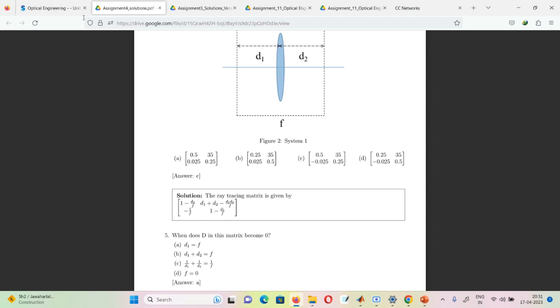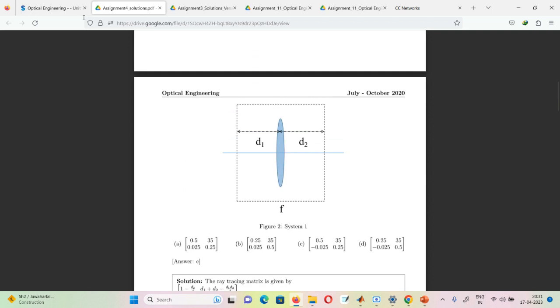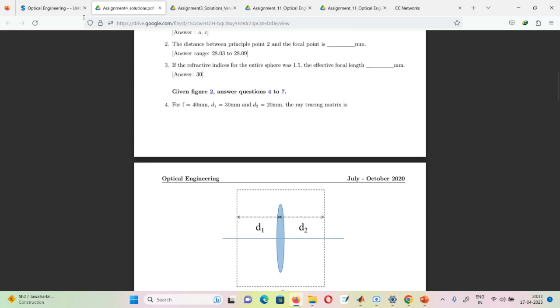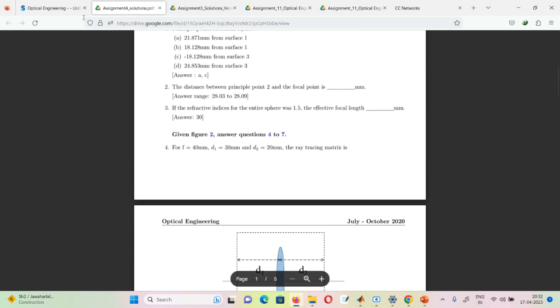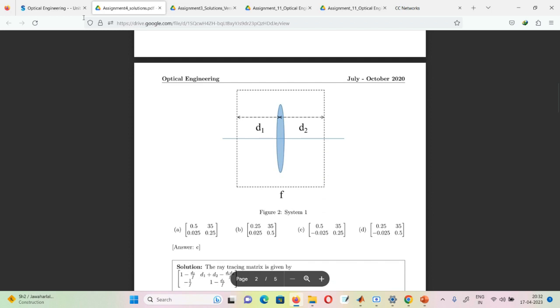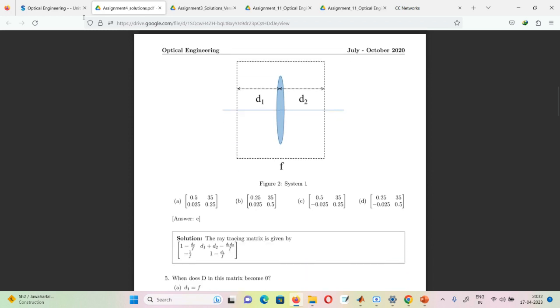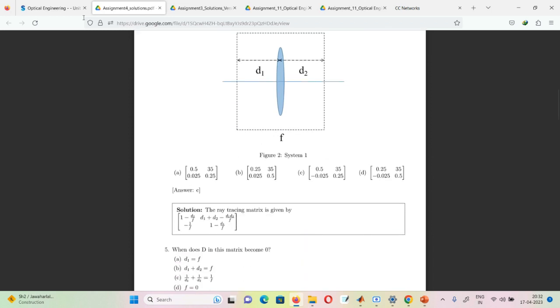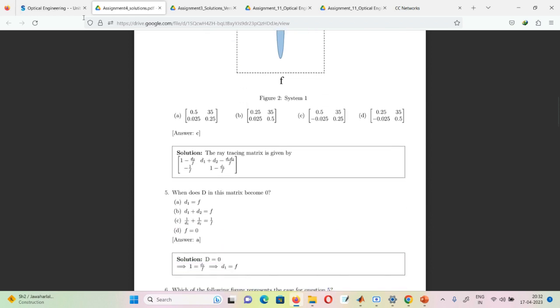Okay. This explanation will take some time. You're actually making a lens here: D1, D2, DF.